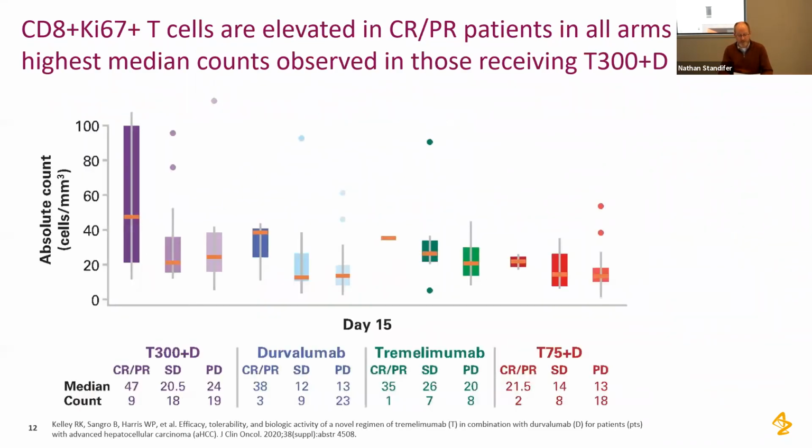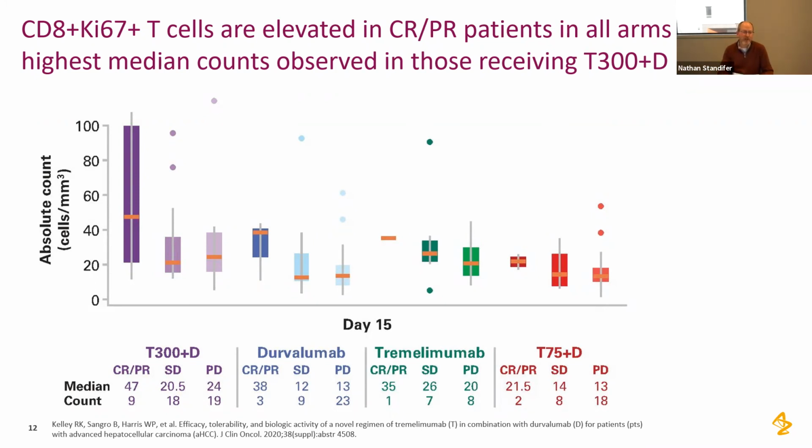Toward this end, we assessed day 15 proliferating CD8 T cell counts from each treatment arm, stratified by best overall response category, where CRPR in this figure stands for complete or partial response, SD stands for stable disease, and PD stands for progressive disease. As you can observe, patients with complete or partial responses demonstrated elevated proliferating CD8 T cell counts compared to patients with progressive disease across all treatment arms.